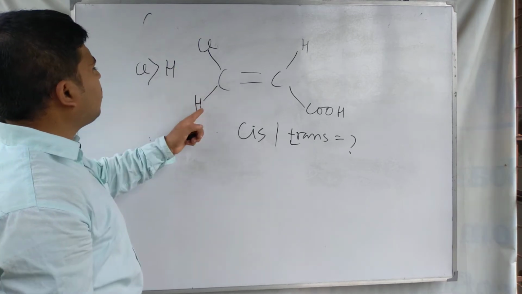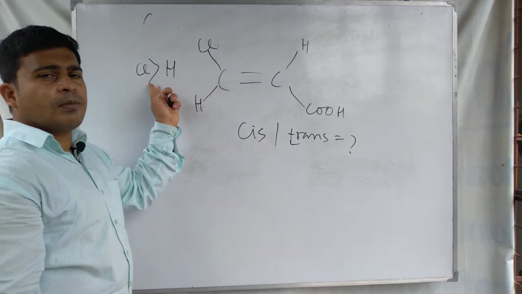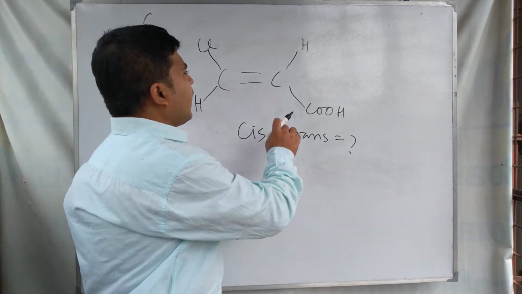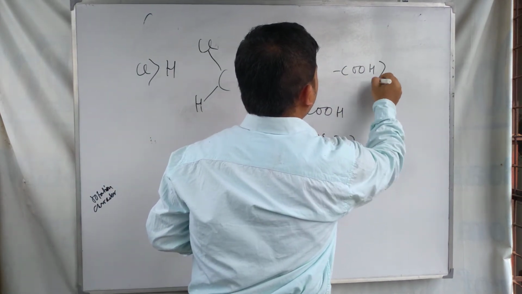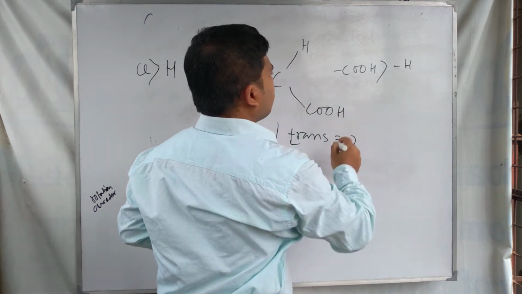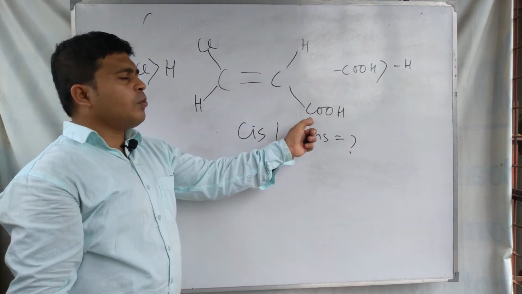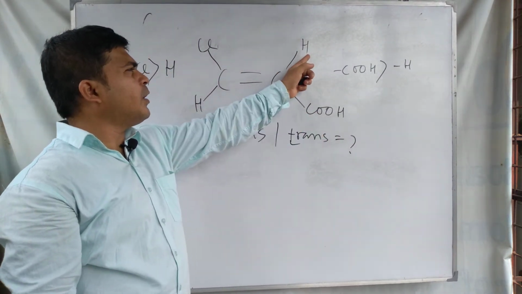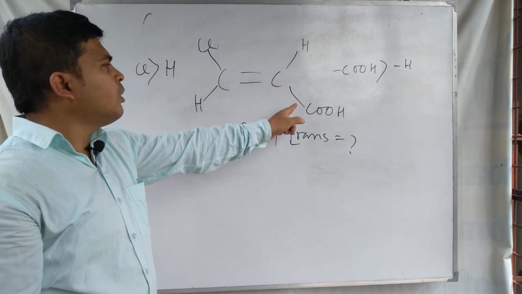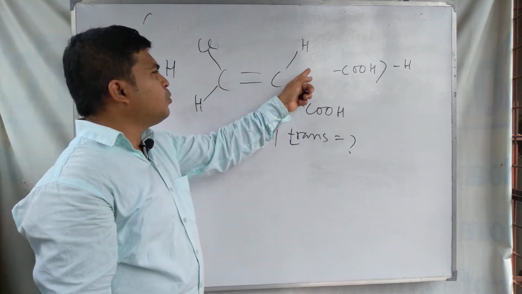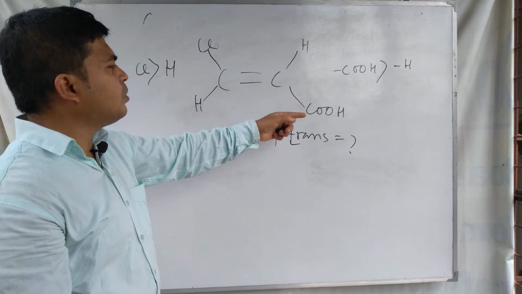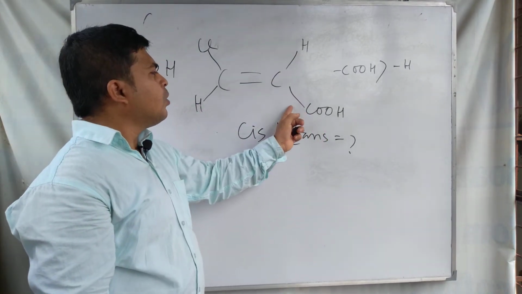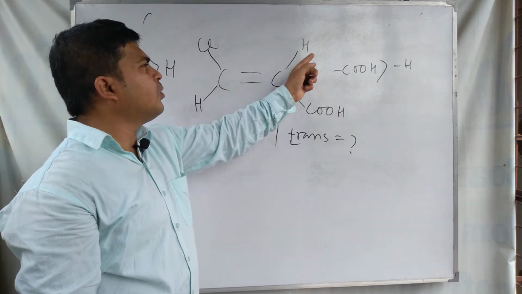And among hydrogen and COOH, the COOH group has higher priority, because carbon has atomic number 6 and hydrogen has atomic number 1.